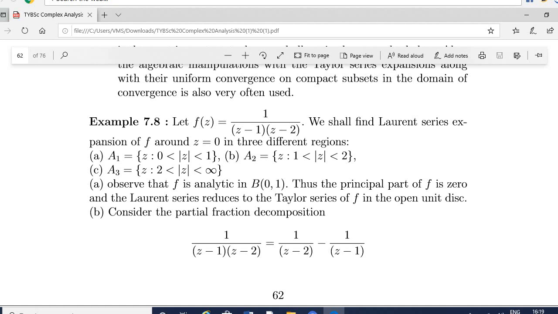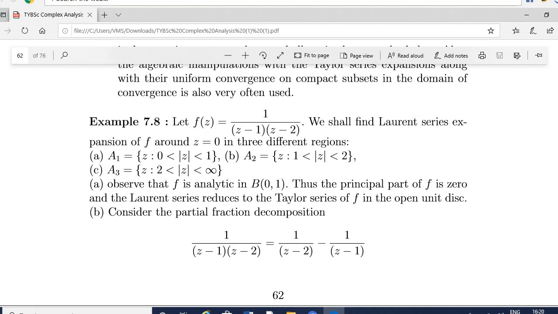So the given function is analytic in this region A1, and it will have a Taylor series expansion. So the Laurent series expansion reduces to a Taylor series expansion, and therefore it is not found here because you already know how to find a Taylor series expansion. At present I am assuming that you have already practiced finding Taylor series expansions. Basically you write it as a partial fraction and use the Taylor series for 1 over 1 minus z. That is the idea of writing the Taylor series expansion in such cases also.